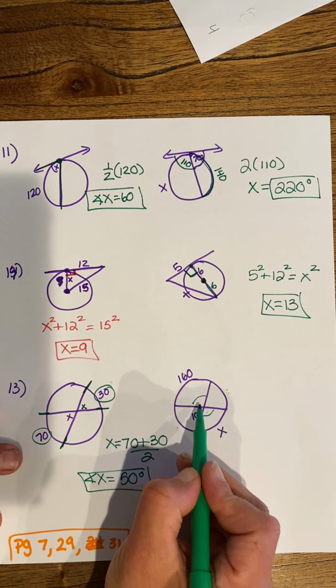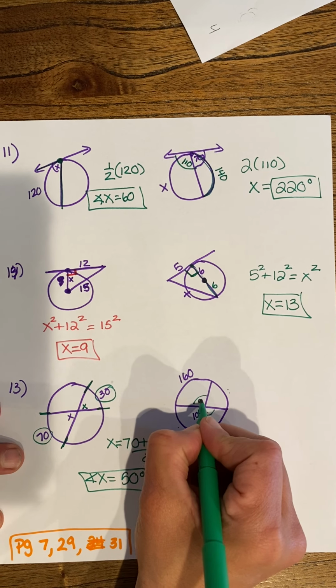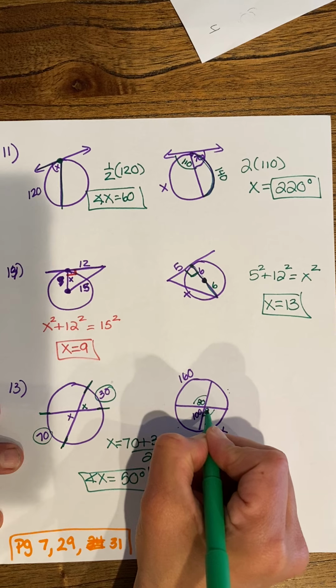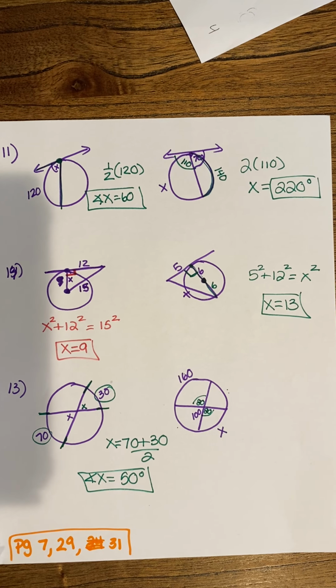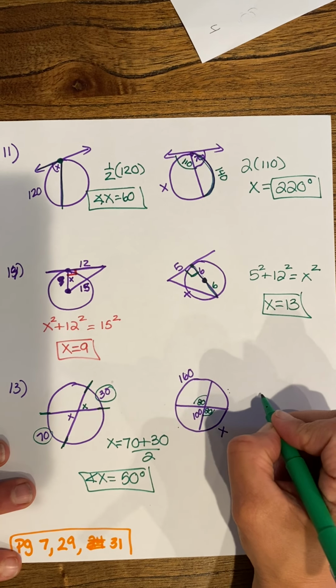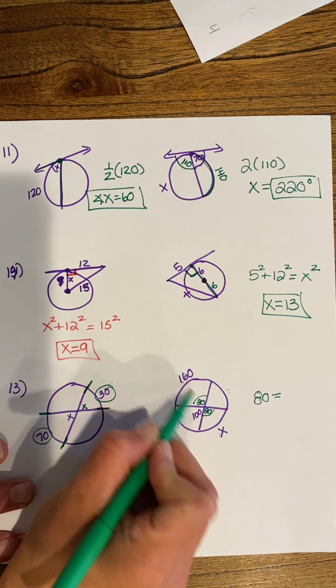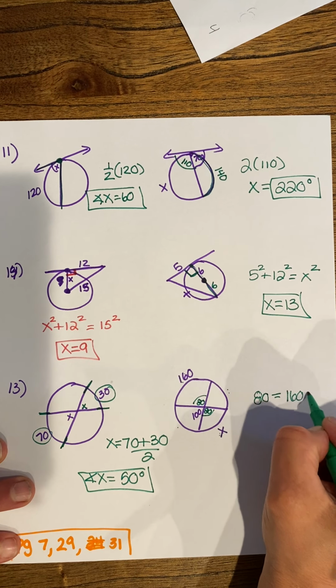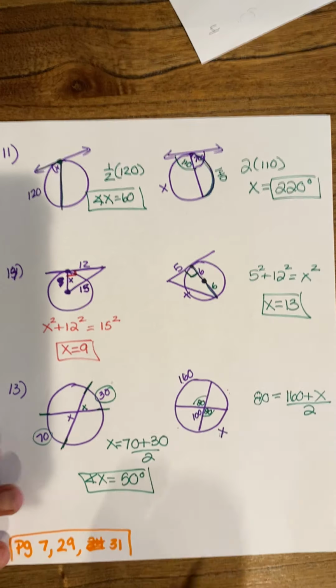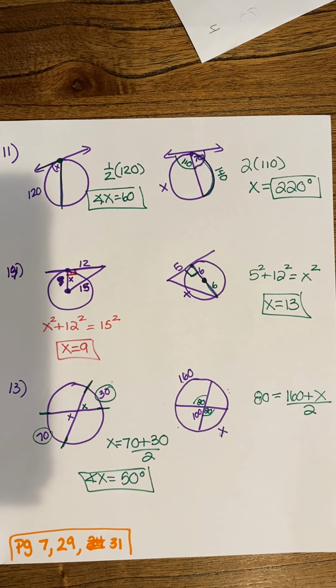But do you see, because of supplementary, I can get this angle? Don't I know that these 2 angles have to be 80? So again, I have enough information, right? So that means the 80-degree angle has to equal the sum of the 2 arcs divided by 2. So I'm just going to make a little equation: 160 plus X divided by 2.